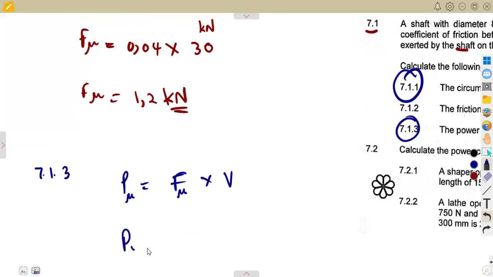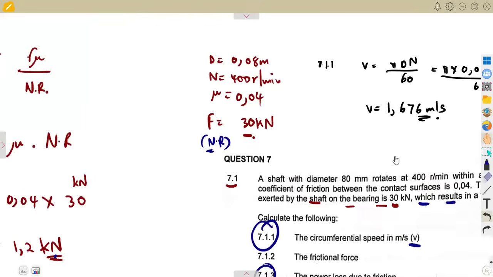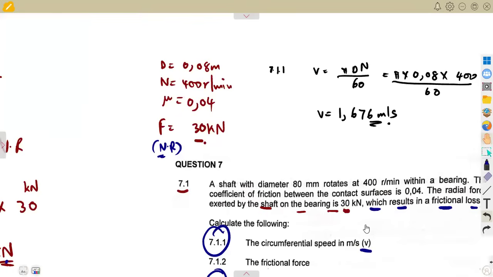So that means our frictional power, or the power against this force, is going to use the frictional force. All right. If we use kilonewton, it means our answer is going to be in kilowatts. So that's 1.2 kilonewton times the velocity. We calculated the velocity, 1.676.